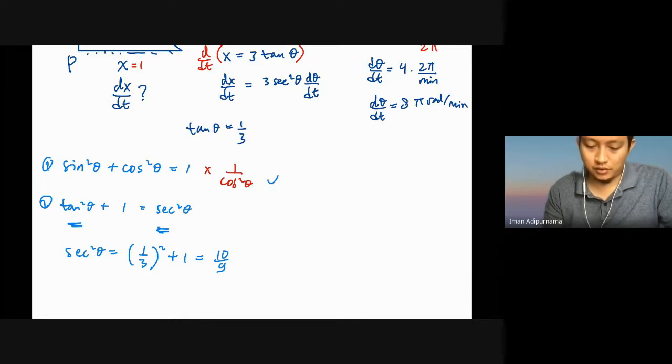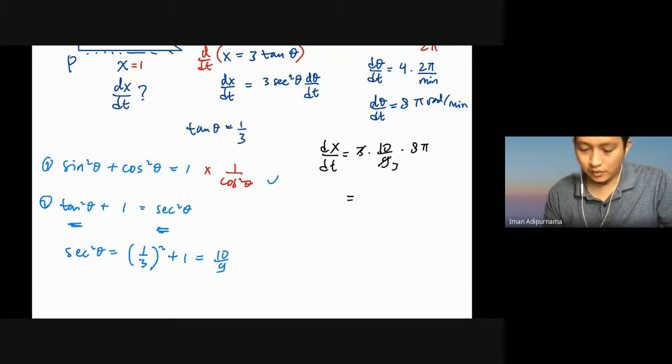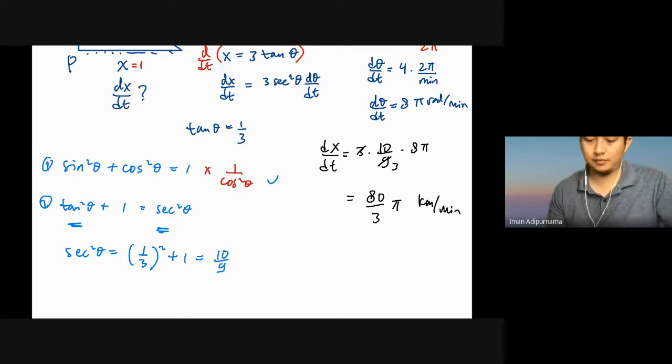So we are going to have dx over dt is 3 times 10 over 9 times 8 pi. It's 80 over 3 pi kilometers per minute. That will be our answer.